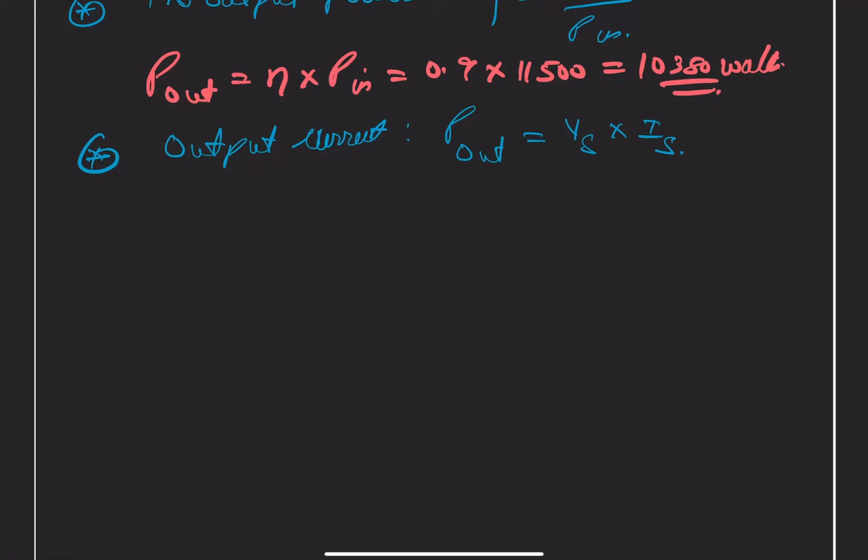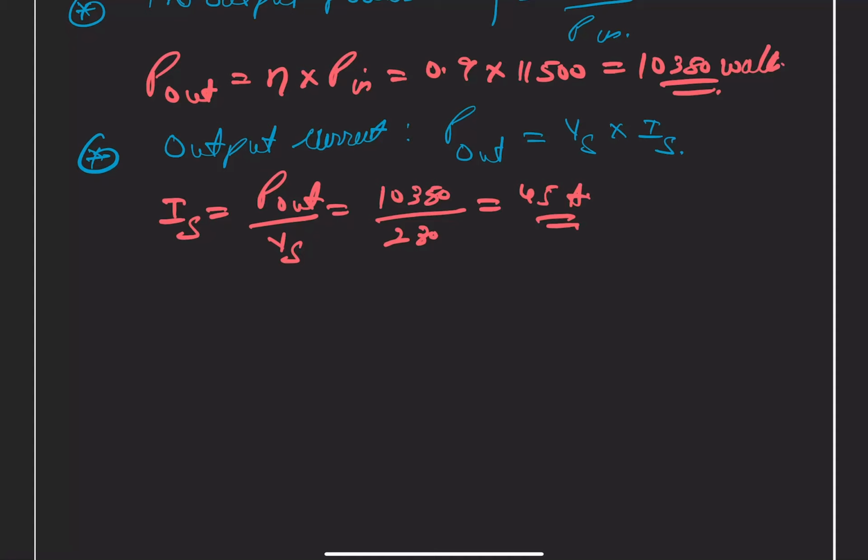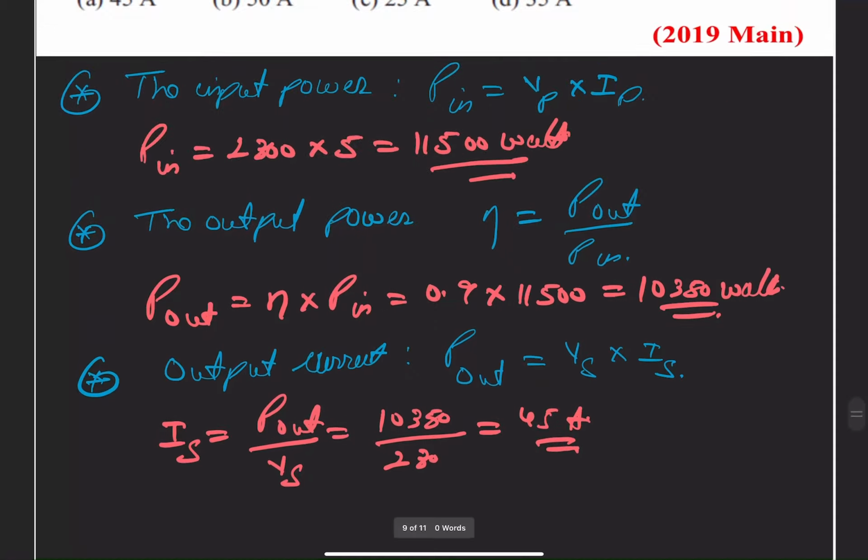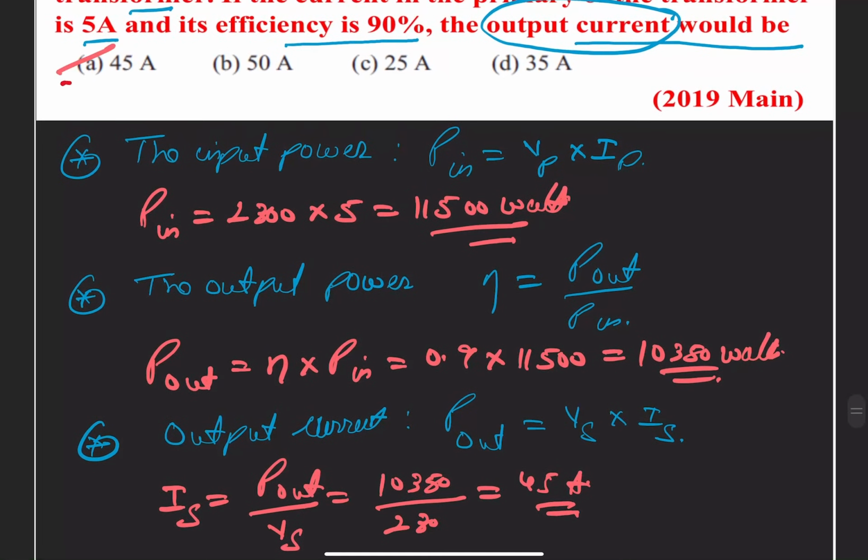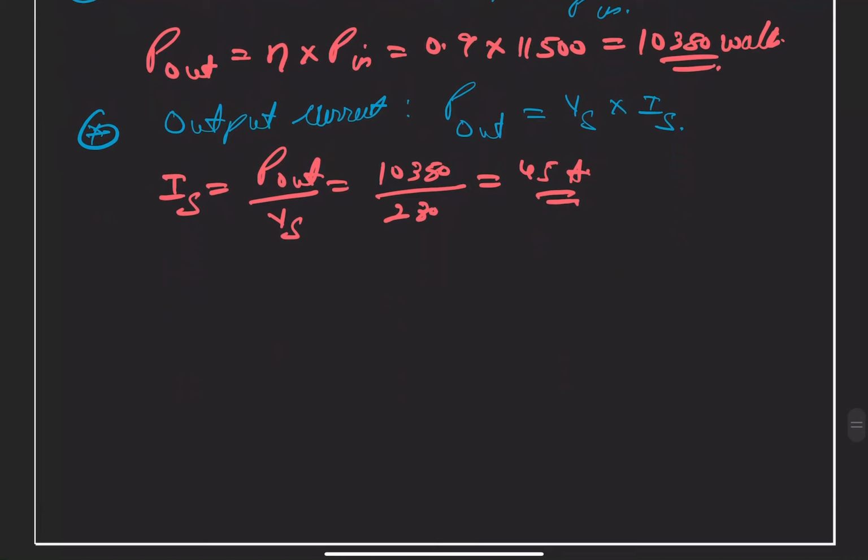So IS will be equal to P out divided by voltage in the secondary, and P out is 10350. The secondary voltage is given as 230, and this comes close to 45 amperes. So we have the current in the secondary equal to 45 ampere. That is, option A is the correct one.